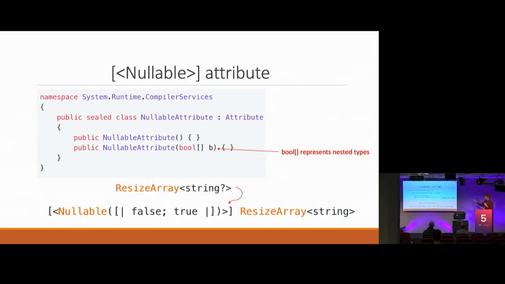For arbitrary nesting, you have that same size of array with true, false, true, whatever it ends up being. The F# compiler will see this and assume the resize array is non-nullable, and then treat the underlying types inside of it as nullable. That's how this stuff gets encoded under the covers.